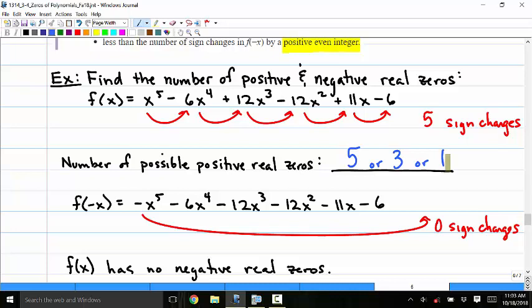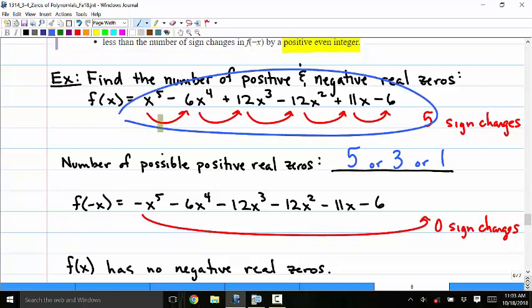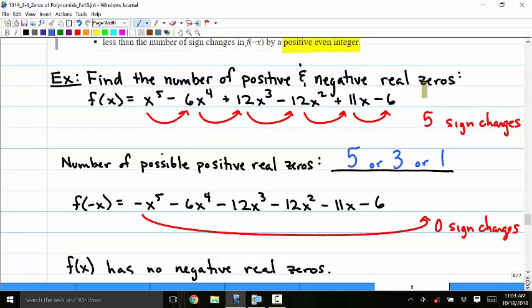Okay, then it tells us to go look at f of negative x. If you plug in a negative x, everywhere you see an x in your original polynomial, anytime it's to an odd power, it changes the sign out front, correct? So this one would change sign to a negative. This one's not going to change signs. If you plug negative x in for x, negative x to the quantity 4 is the same as just x to the 4th, right?